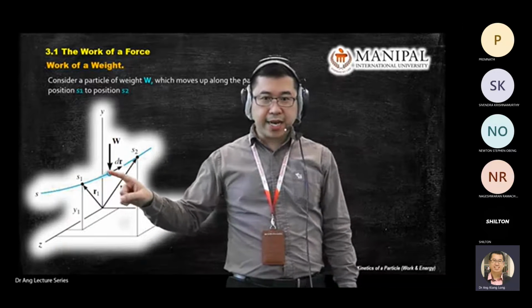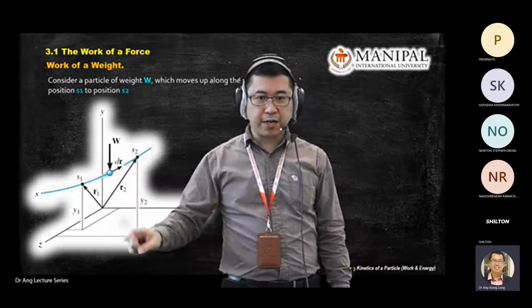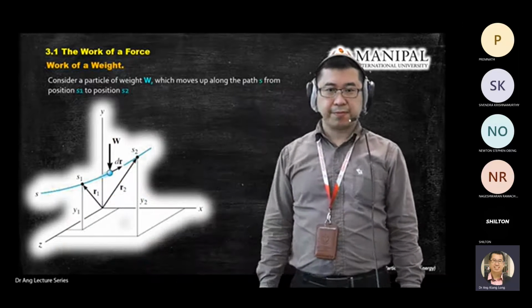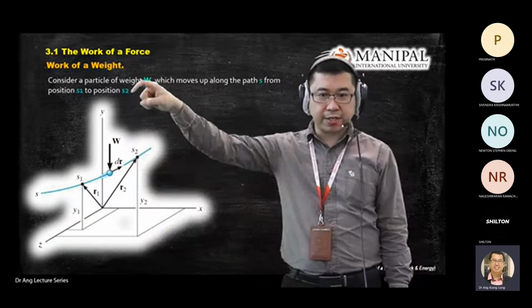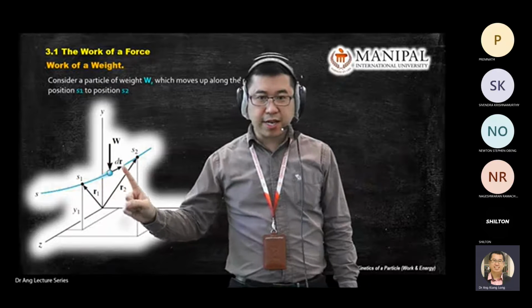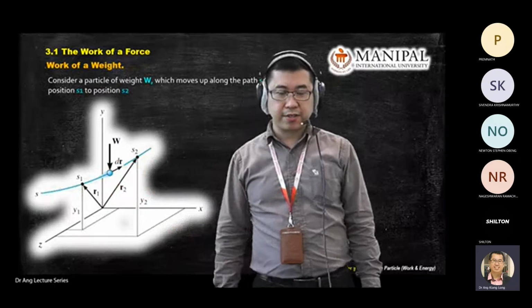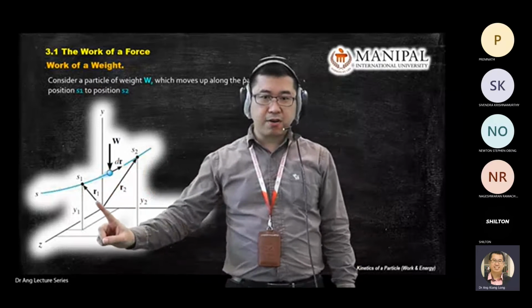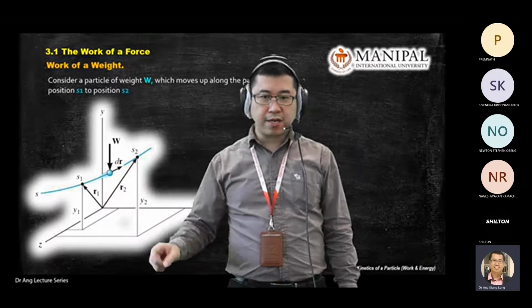The weight, the gravitational force, is acting on this object all the time. The weight always points down in the y direction. Your dr is aligned with the path direction. R1, R2, this is your dr.